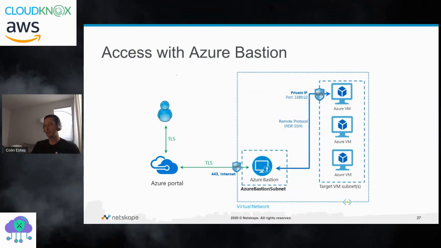It's an abstracted sort of instance. So you're not maintaining the OS level patching or any of that. It's just sitting there for your use. And it has to sit in its own subnet called Azure Bastion subnet. And so you access that through HTTPS, and then the Bastion allows you to access SSH on your virtual machine.